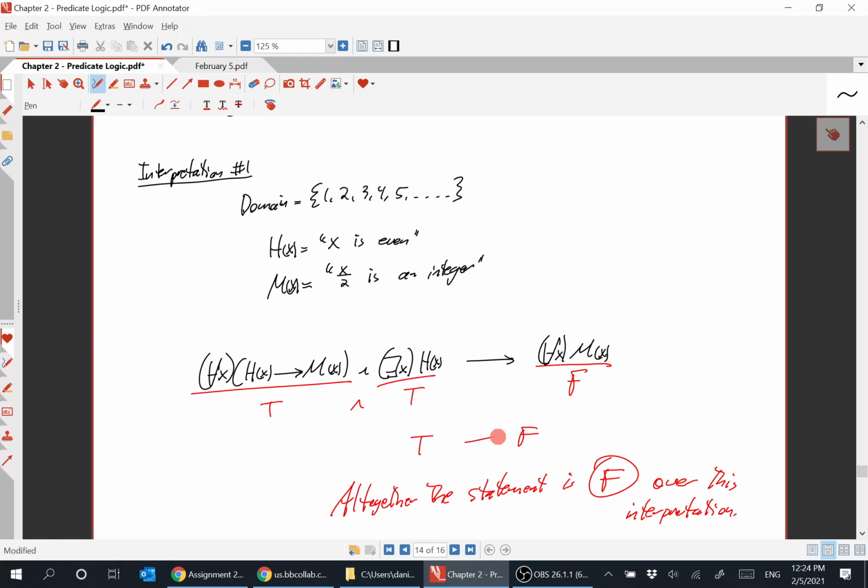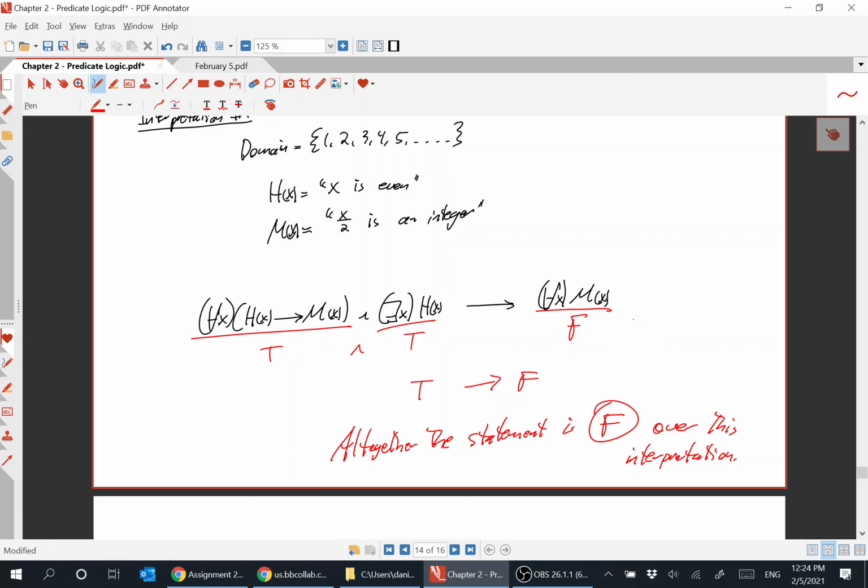Now, the statement is not a conjunction, it is an implication. The hypothesis is a conjunction, but the final connector is this. So in the conclusion, for every x in the domain, x over 2 is an integer. That's false. So we have true implies false, so altogether the statement is false over this interpretation.